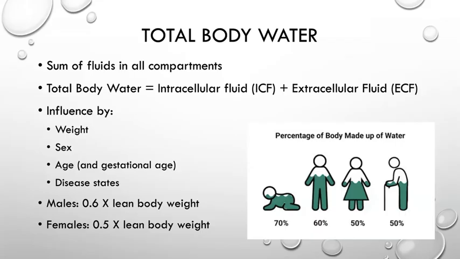Water in the body is distributed between two compartments, the intracellular compartment and the extracellular compartment. The extracellular compartment is further divided into two spaces, the interstitial space and the intravascular space. Fluid or water in the intracellular space is called intracellular fluid, and fluid or water in the extracellular space is called extracellular fluid.